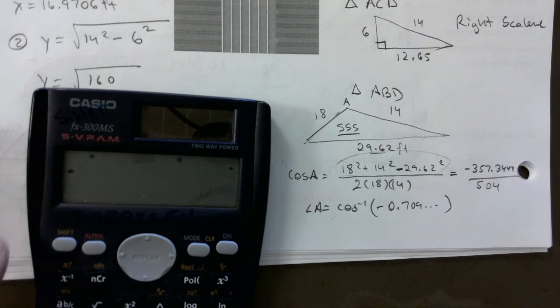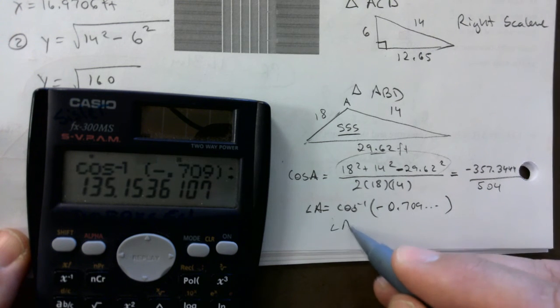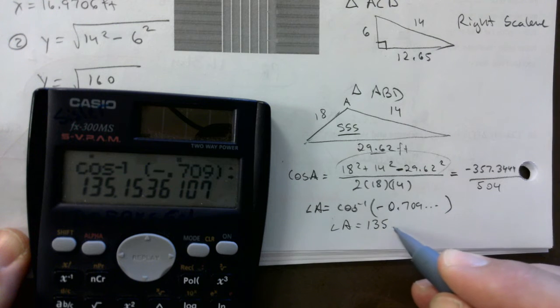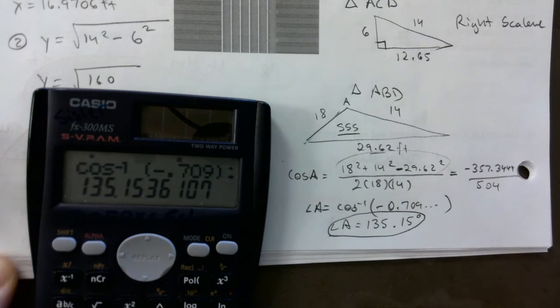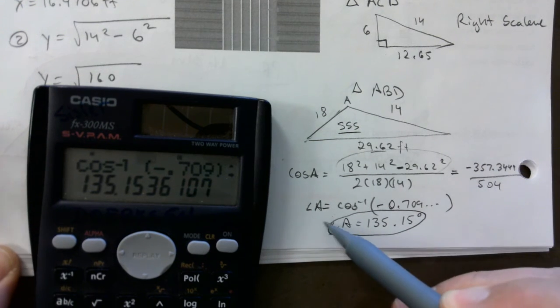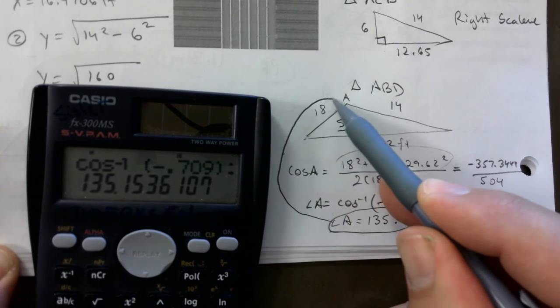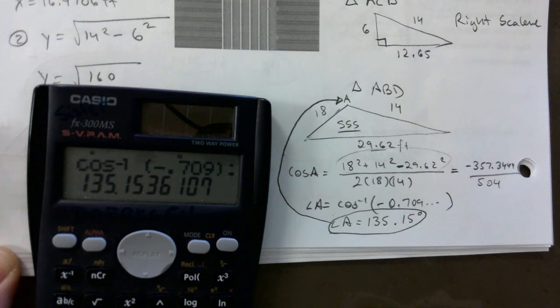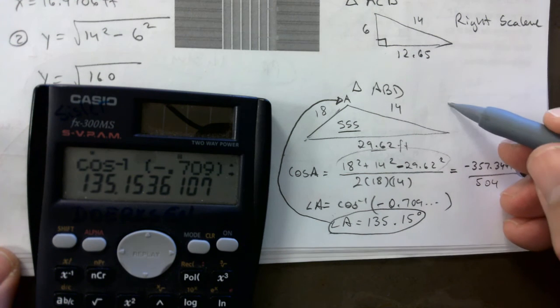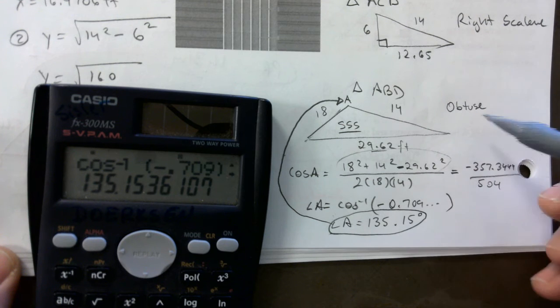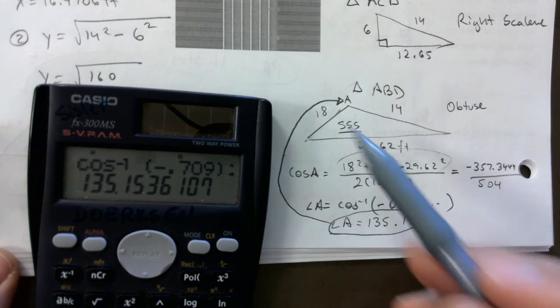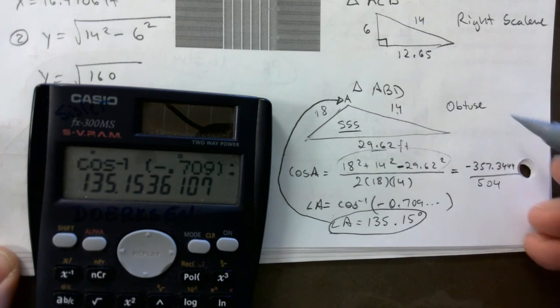That's okay in this case. It's 135.15 degrees. So put an arrow going up to A. You just found that that is obtuse, so therefore this is an obtuse. Obtuse what? All three sides are different, so it's scalene.